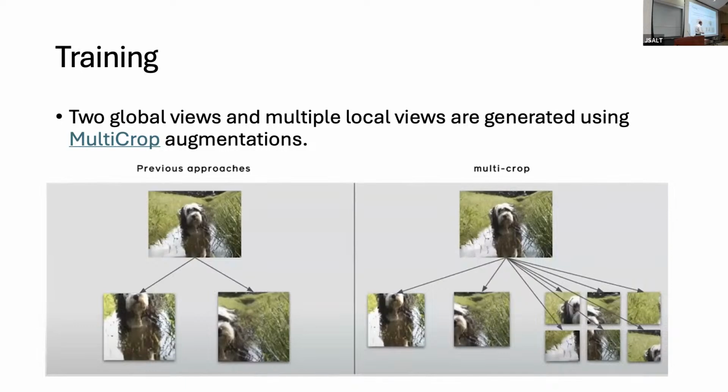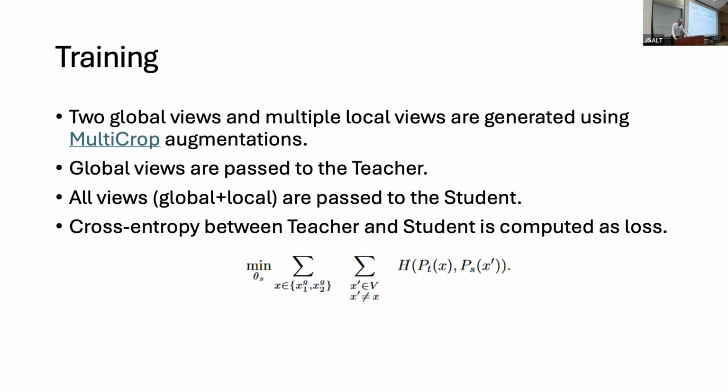But in DINO, they use this multi-crop approach, which actually handles the teacher and student differently. They give to the teacher what they call global views of the image, which are these two, and they should depict the general idea about the image, and the student just sees these small local crops. So this is one of the differences that is going on in the self-supervision domain for DINO.